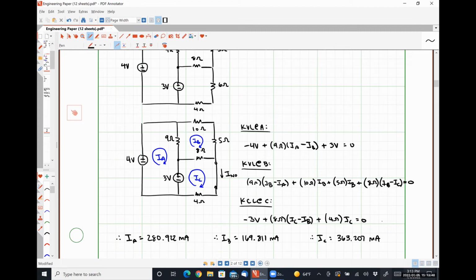So how does that current I Norton relate to our mesh currents? So I Norton is the current that's flowing down through that short circuit on the bottom right-hand corner. Exactly right, just IC. You're overthinking it, I'm sure. Yeah, it is literally just IC.